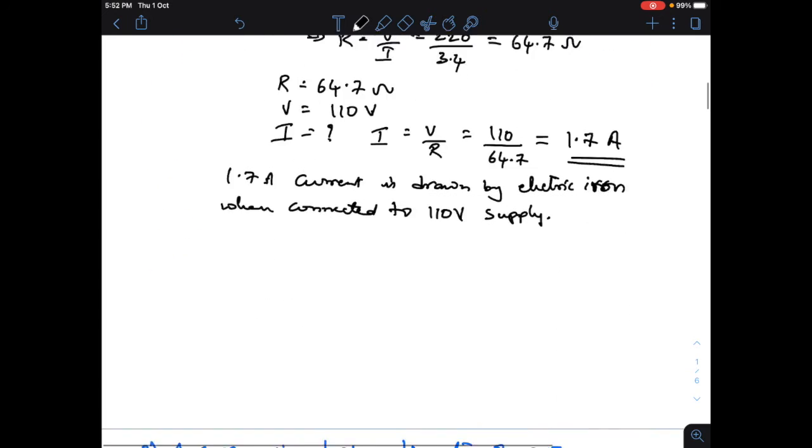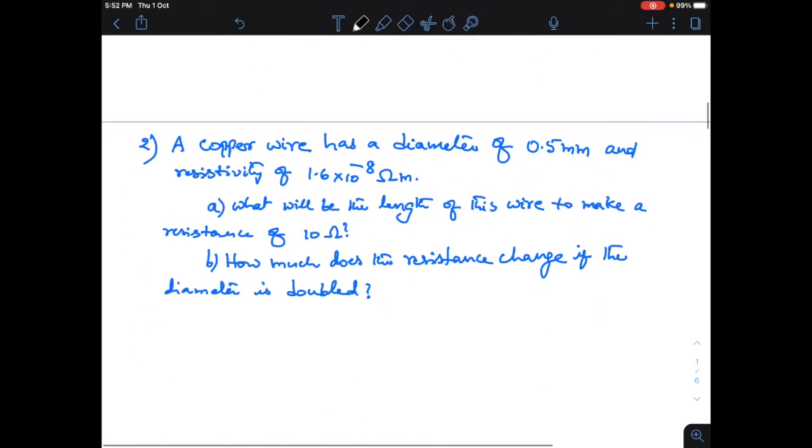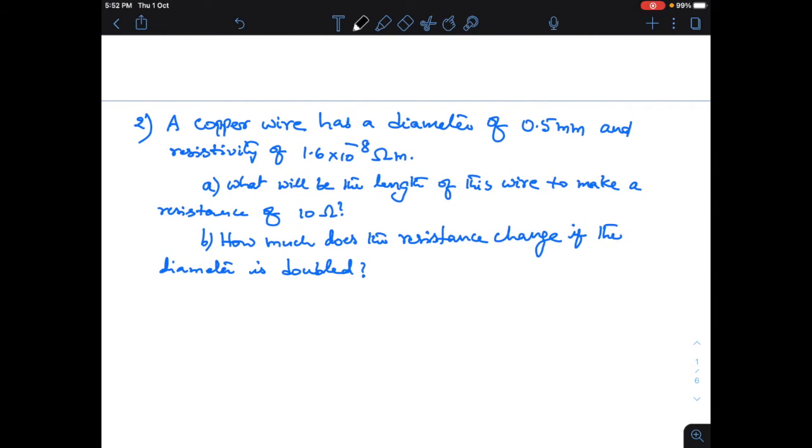Now let us see another problem. A copper wire has a diameter of 0.5 mm. So let's write D is equal to 0.5 mm. Diameter is 0.5 mm means we can write radius r is D by 2.